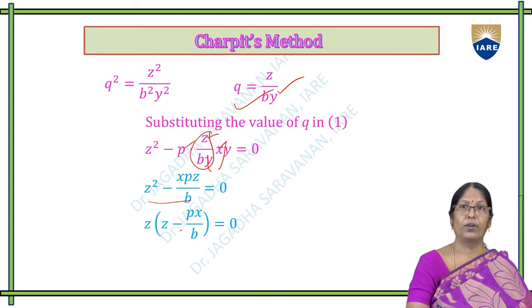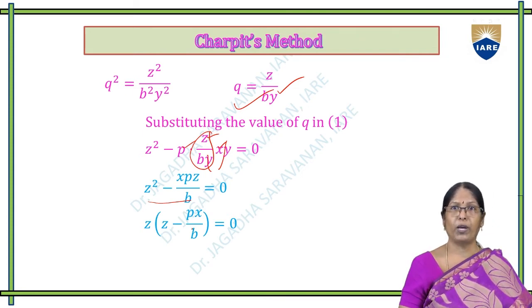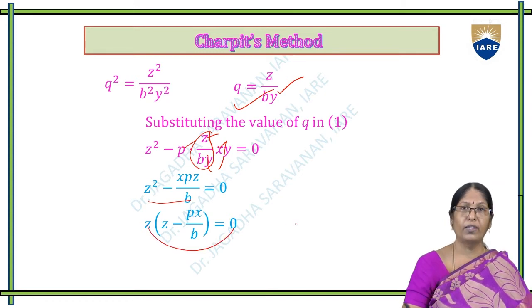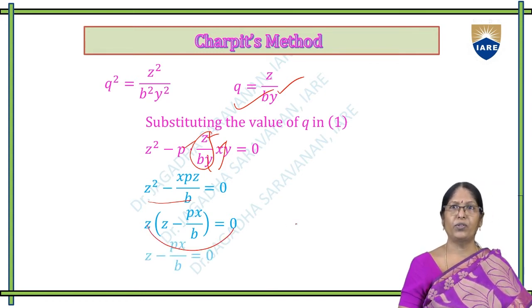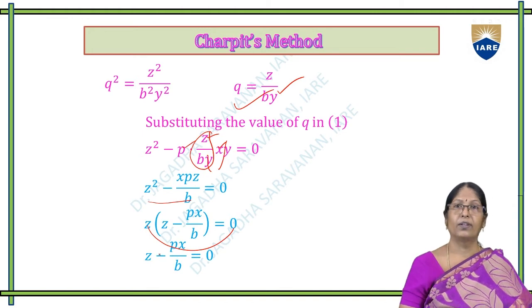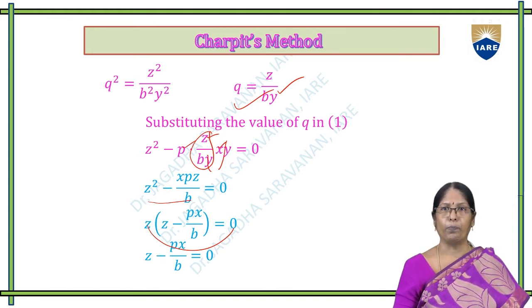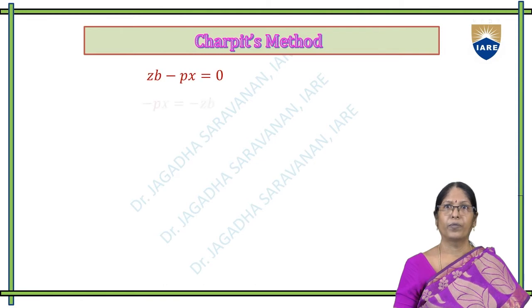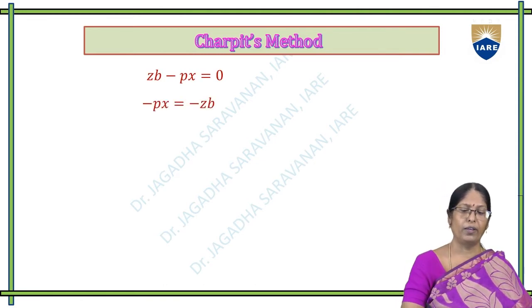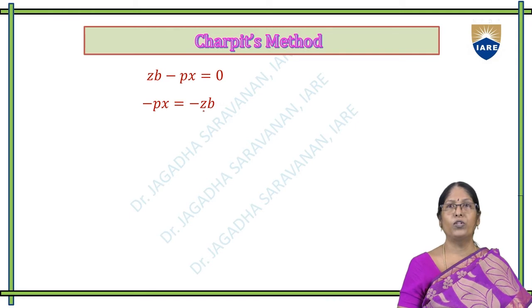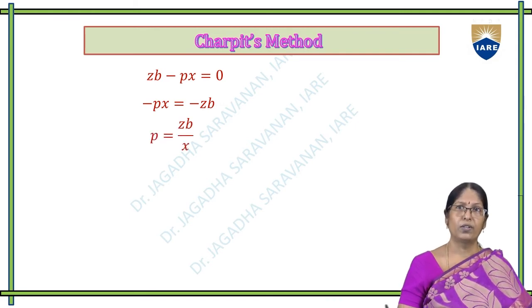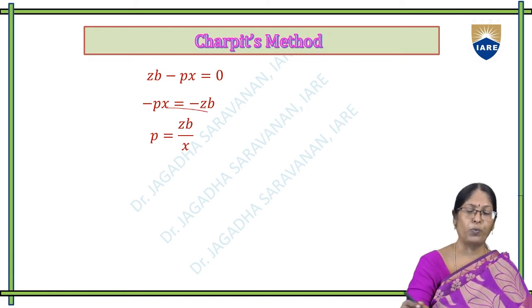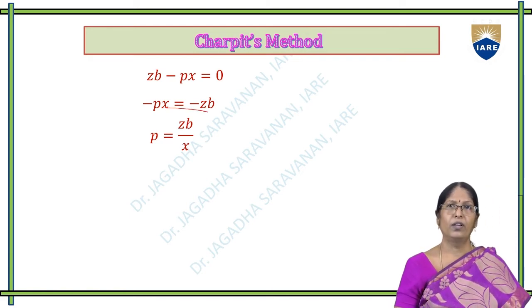So z of z minus px by b, the z we are bringing here, completely it is vanished. So the balance is z minus px by b, from which we can obtain minus px equal to minus zb, p equal to zb by x, that we are pushing towards this side. So we obtained what is p, what is q.